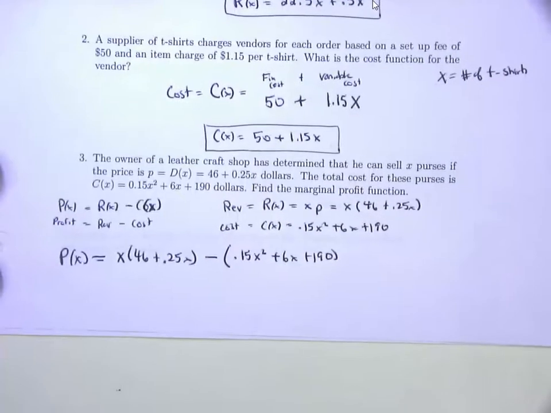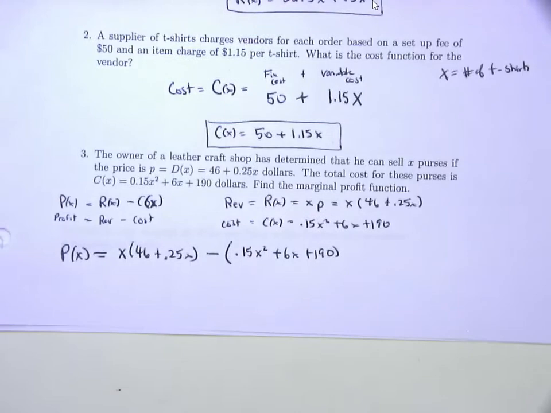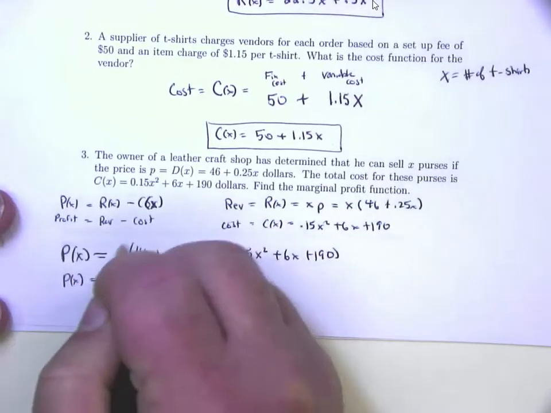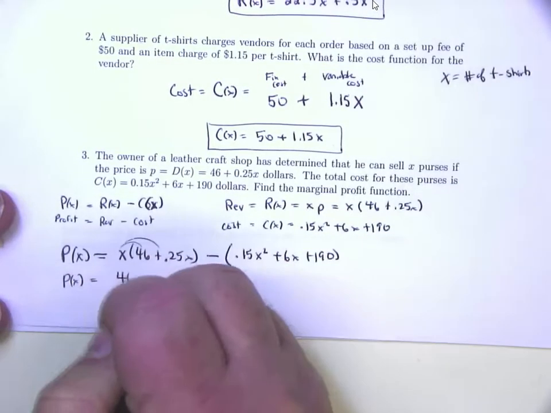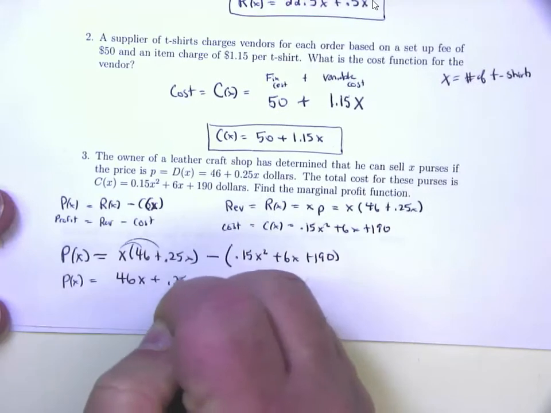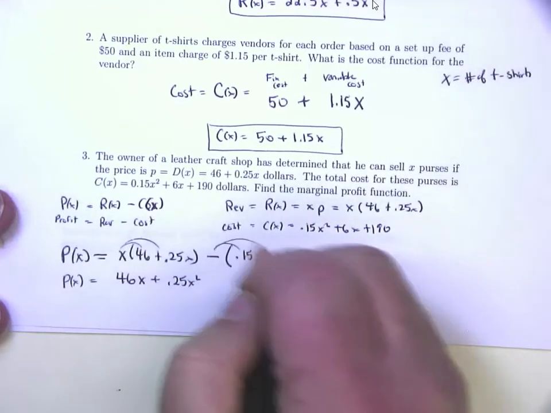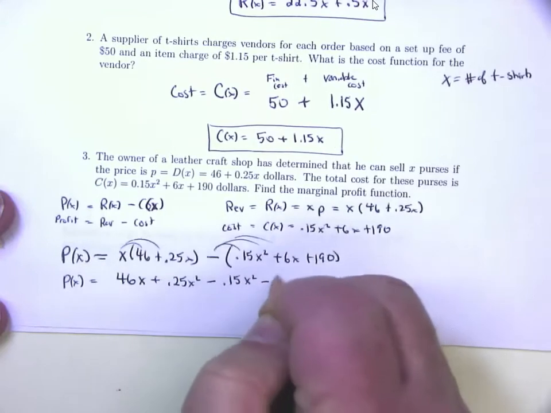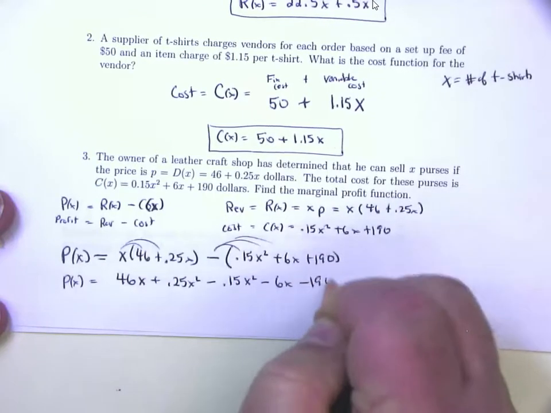But before I do any kind of derivative to get that marginal, you've got to clean this thing up. So my profit equation is going to be equal to, I'm going to distribute the x here, 46x plus 0.25x squared. Now I'm going to distribute the negative: minus 0.15x squared minus 6x minus 190.